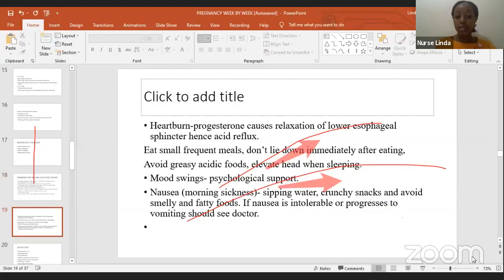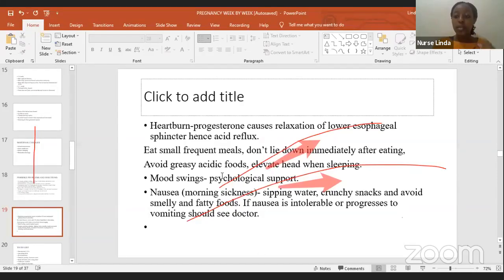They may also have issues with heartburn. And heartburn comes in because the progesterone is relaxing almost all the muscles of the body. There is a small sphincter that closes the esophagus, that is the food pipe, and it is located at the junction of the food pipe and the stomach. When food goes into the stomach, this sphincter closes and food is not able to go back to the food pipe.